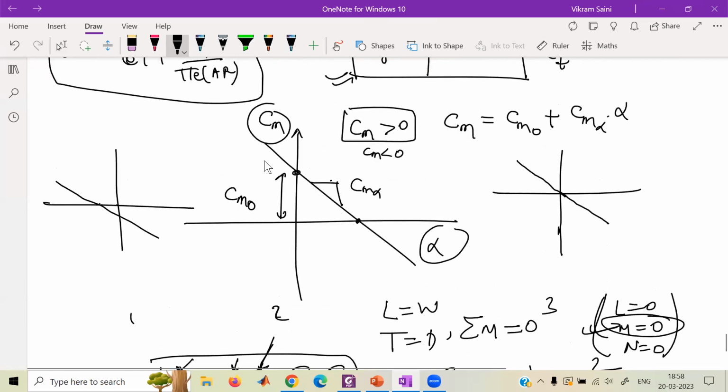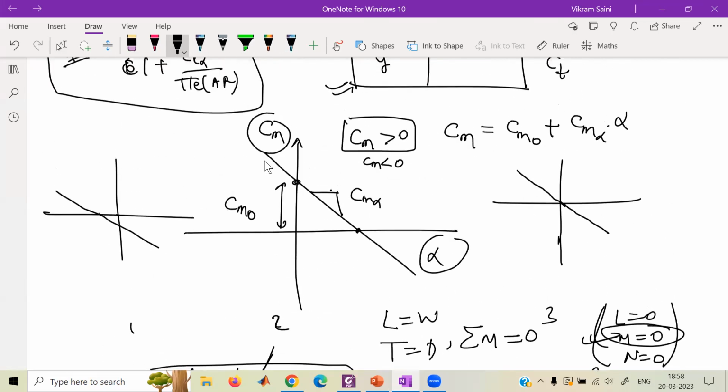Okay. So now let's come back to this graph. Graph number 2. At what angle of attack is Cm 0? This is the location here. This is 0 Cm. This is non-zero Cm at this angle of attack.